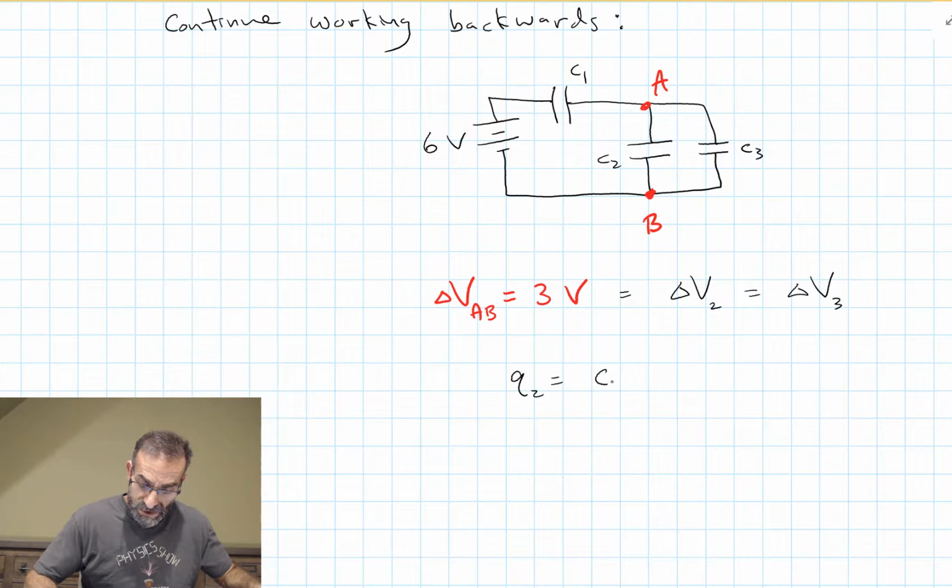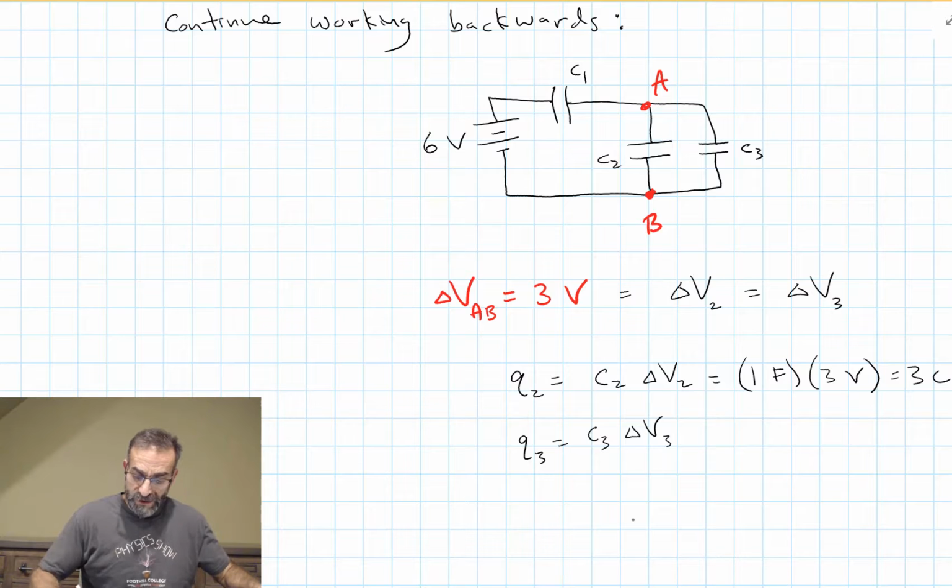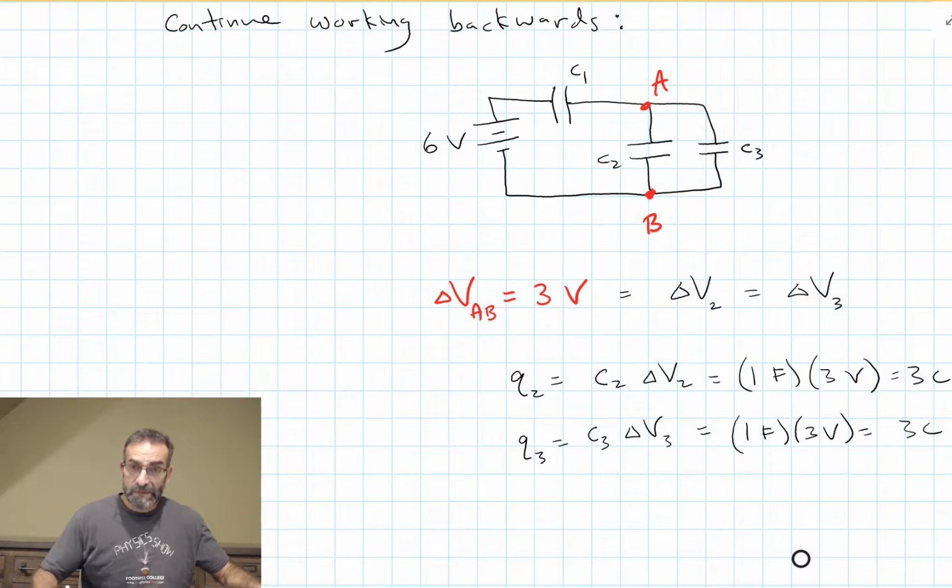Q equals C delta V. Three coulombs. And if I look at the potential difference across 3 and multiply it by its capacitance, I get 3 coulombs.